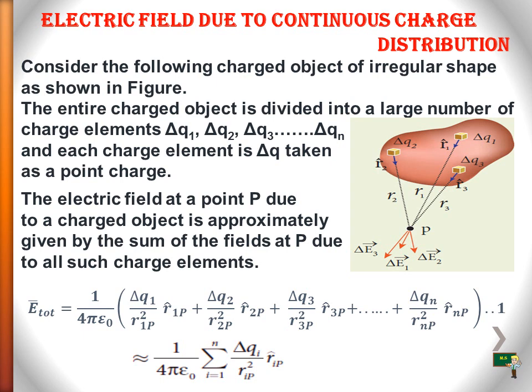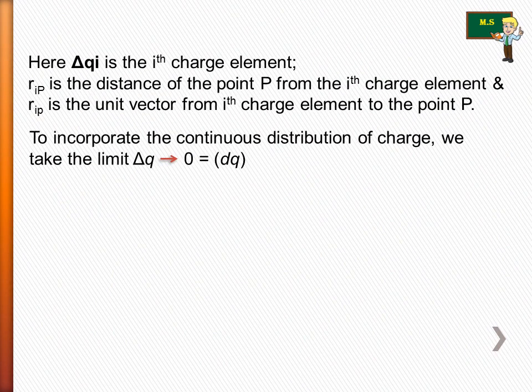Using this long expression, we cannot get to the answers. So we condense this long expression into a summation. In the summation we put 1 by 4 pi epsilon 0 summation over i from 1 to n of del Qi divided by RiP square into RiP cap.